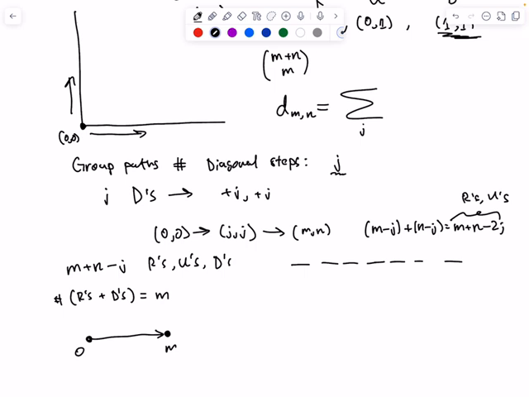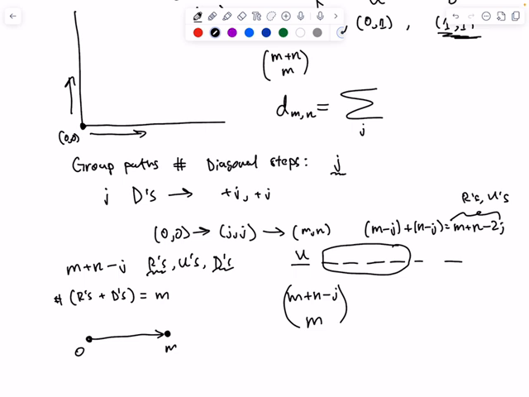So the only way to move horizontally is with the R's and the D's. Given that fact, the way we can count the number of such sequences of R's, U's, and D's is by first choosing m of the original m plus n minus j slots to be our R's and D's.